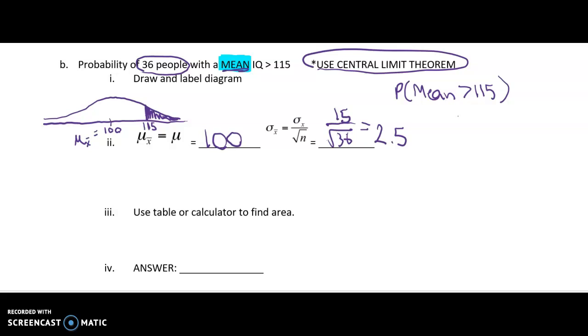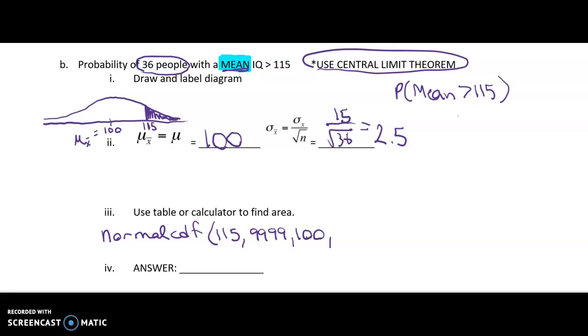So let's go ahead and make our calculations. I'm going to use normal CDF. My lower bound is 115 on my diagram. My upper bound has to be at least 4 standard deviations out, but I'm just going to use 9999. It's easy to type in. The mean is the same, 100.